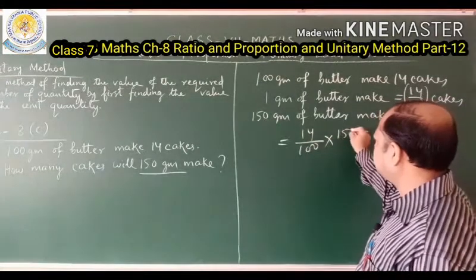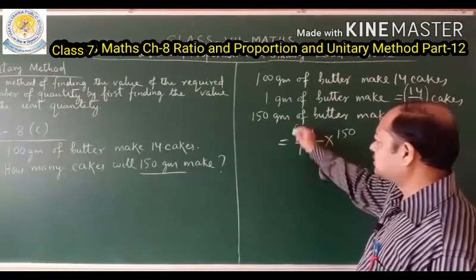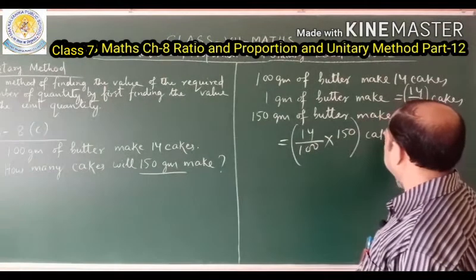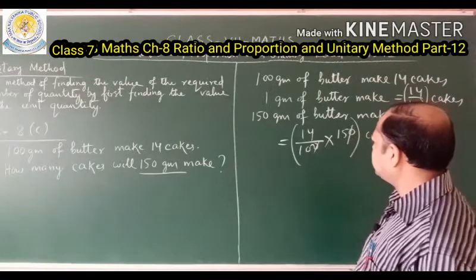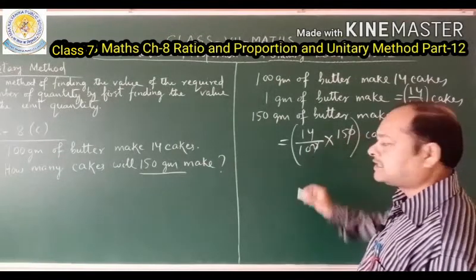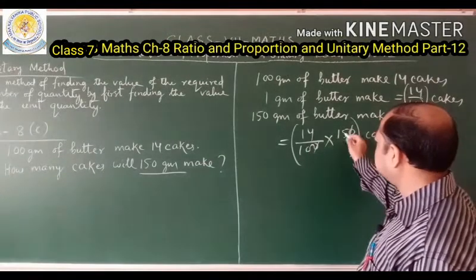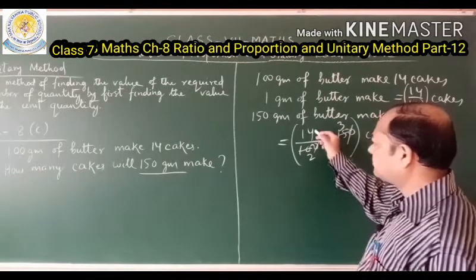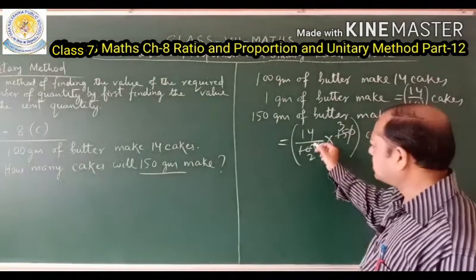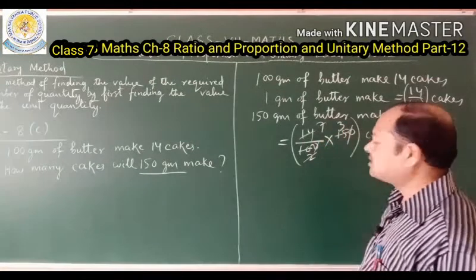Just multiply by 150. This is the required number of cakes. The zeros cancel, and 15 and 10 can be divided by taking the HCF, 5. 5 threes are 15, 5 twos are 10. Again 14 is divisible by 2. 2 sevens are 14.